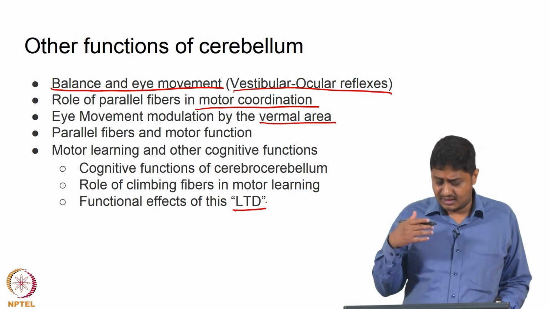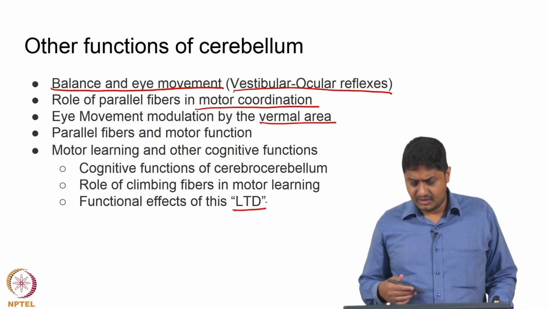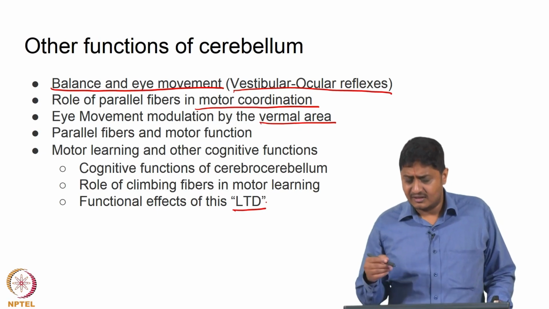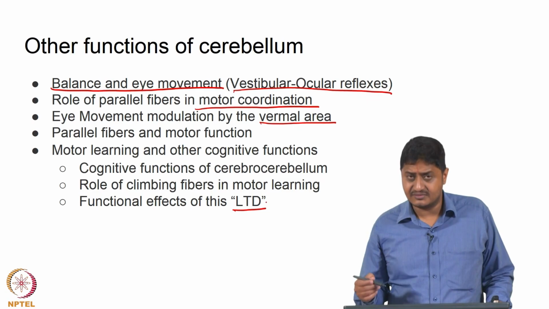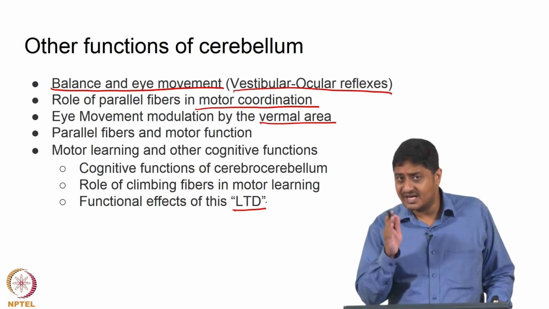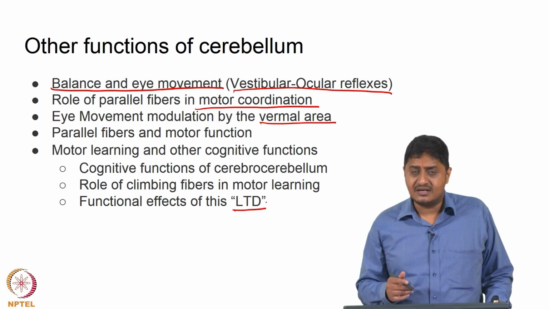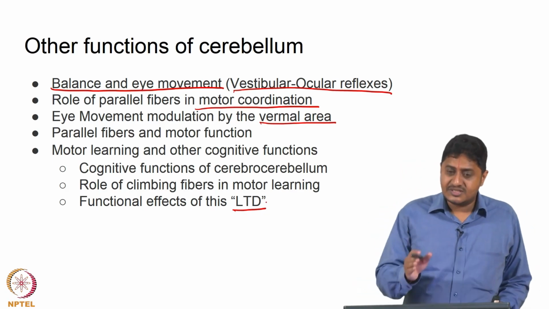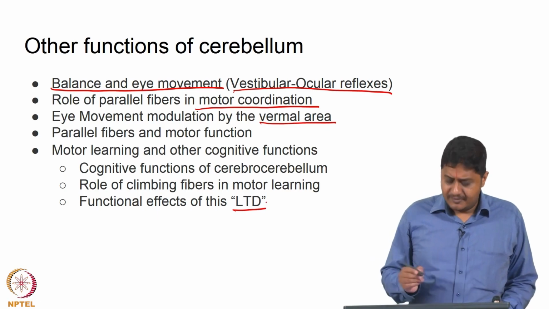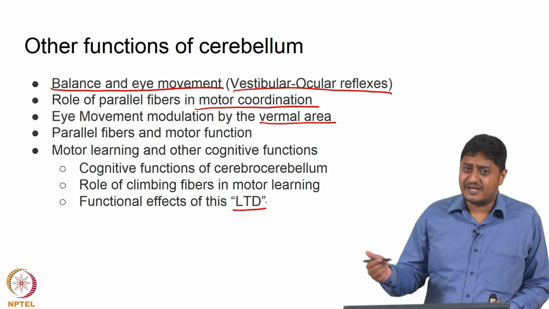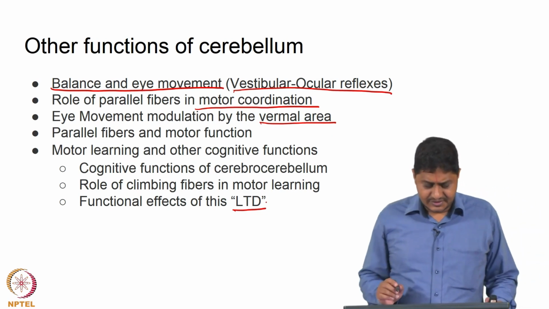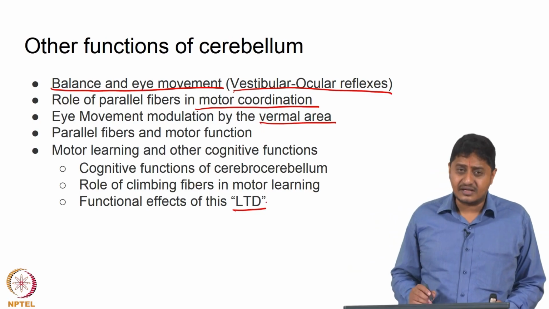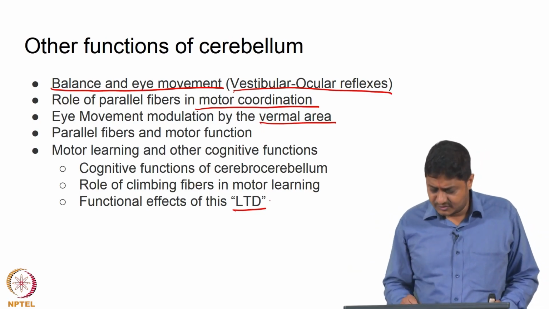With repetitive actions, for example, multiple times when the same error is happening, the climbing fiber is again informing, causing this long term depression, for the climbing fiber to continuously activate the Purkinje cell. That way it is reducing the possibility that these parallel fibers are going to be responded to in future. So, that way there is an error correction that happens in relatively long term. This could last 2 hours, 2 days.